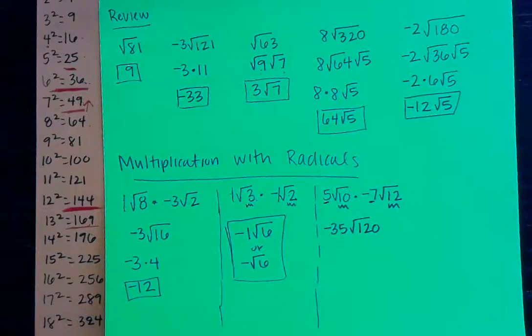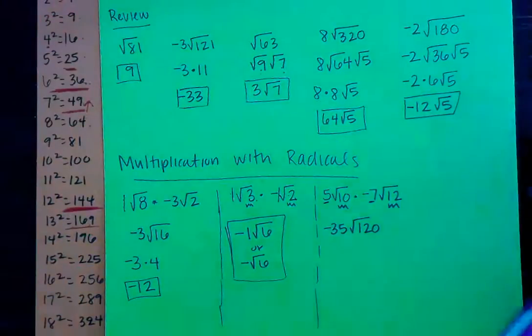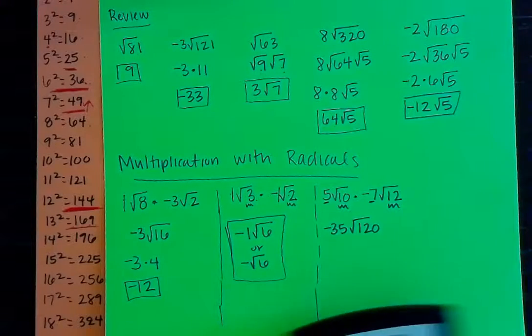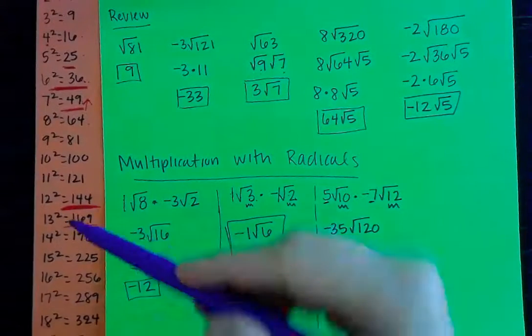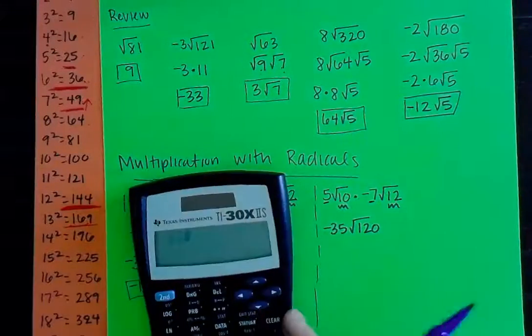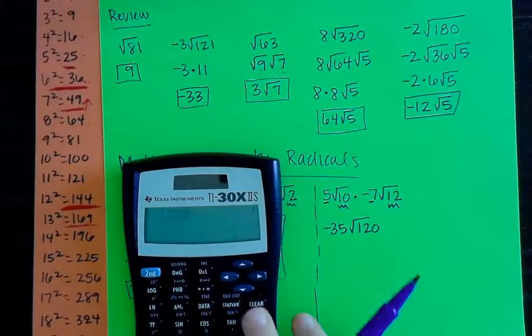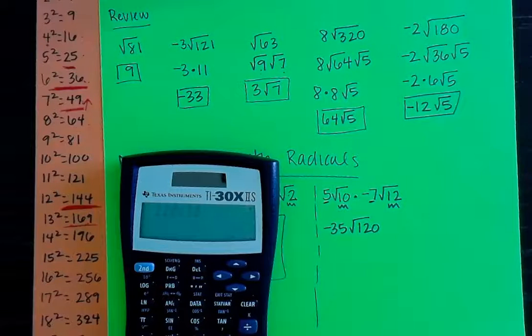And now we play our favorite little game here. You guys can see this close enough. Yeah, that should work. Okay, we have to figure out what perfect square goes into 120. So let's start with 100. 120 divided by 100. No dice, decimal. 120 divided by 81.